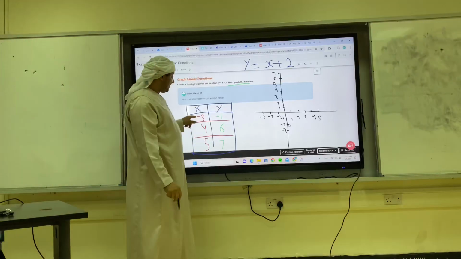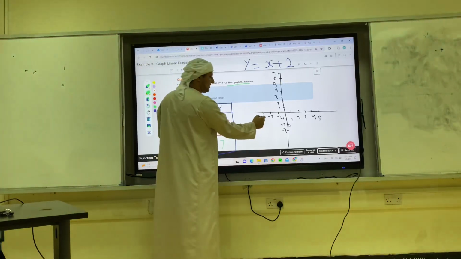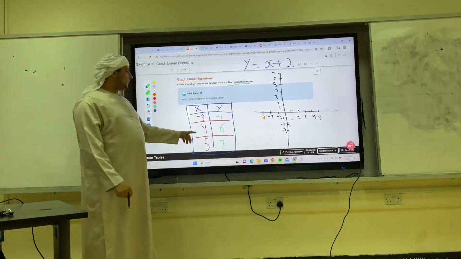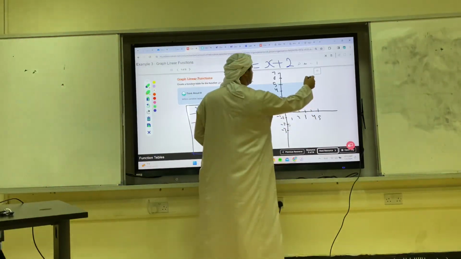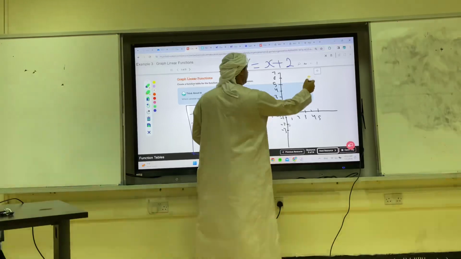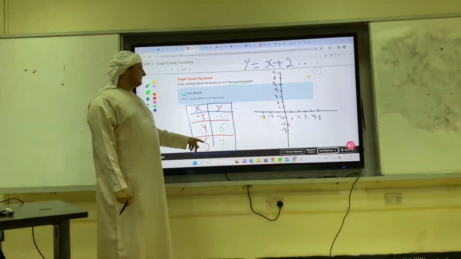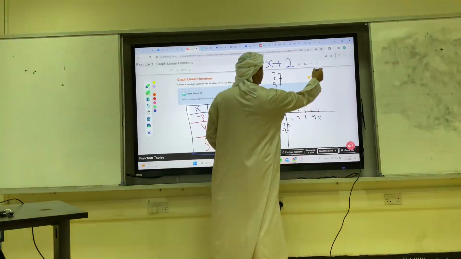Point negative 3, negative 1 is located 1 below negative 3 on the x-axis here. Point 4, 6 is located over there, and point 5, 7 is over here.